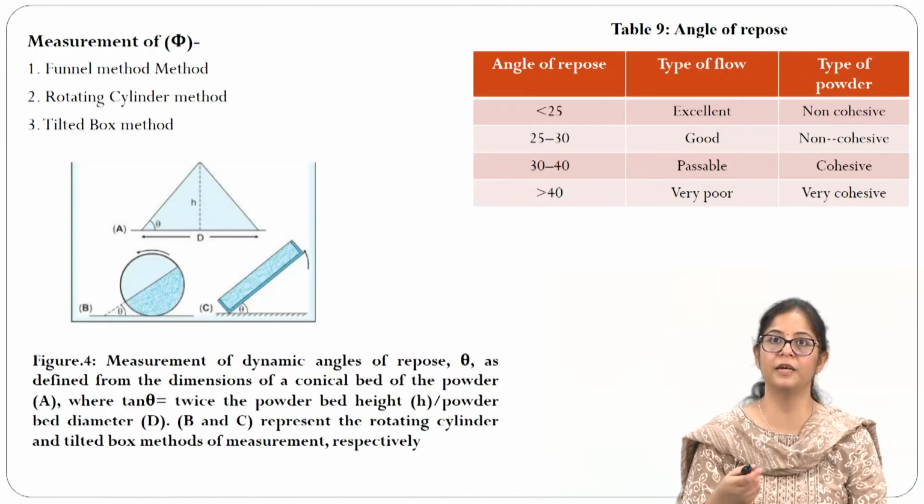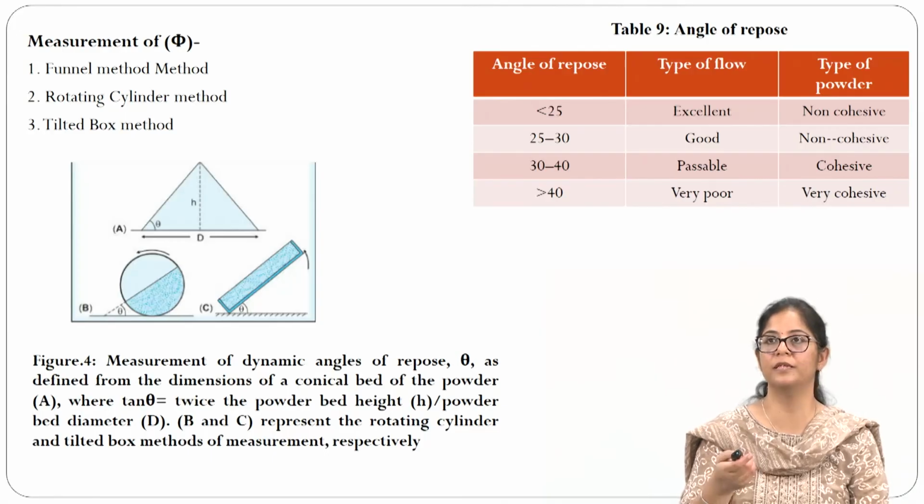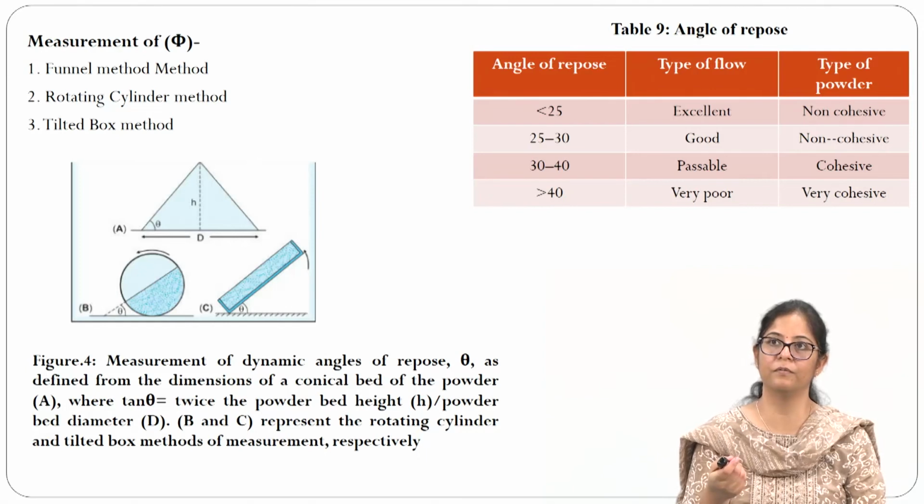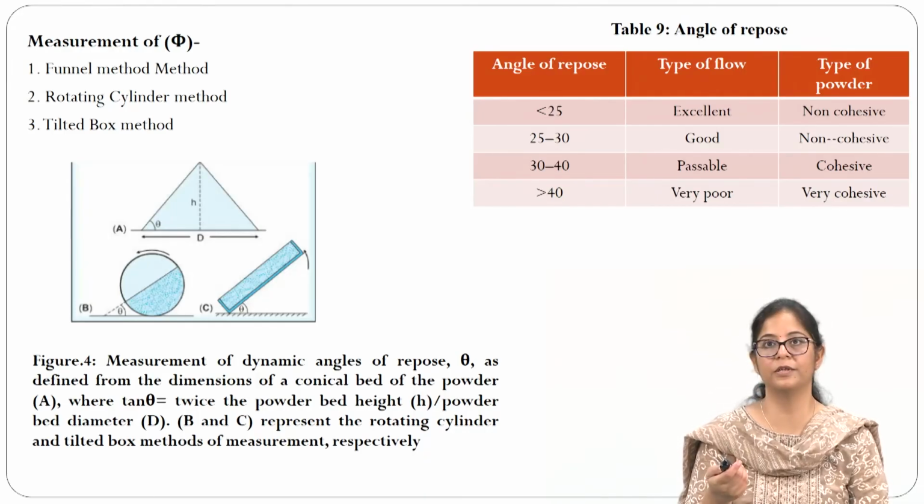So there are three techniques by which it can be calculated, that is the funnel method, rotating cylinder method, and tilted box method. In table 9 we can see various ranges of the angle of repose, that is less than 25 it's excellent, 25 to 30 good, the material is non-cohesive, 30 to 40 cohesive, and more than 40 it has very poor flow and it's a very cohesive material.